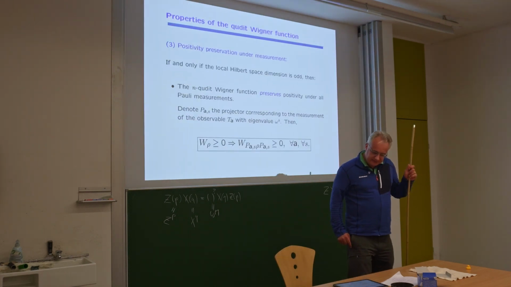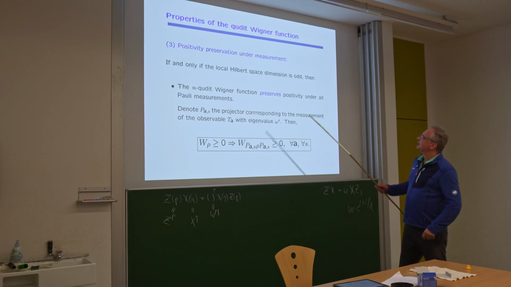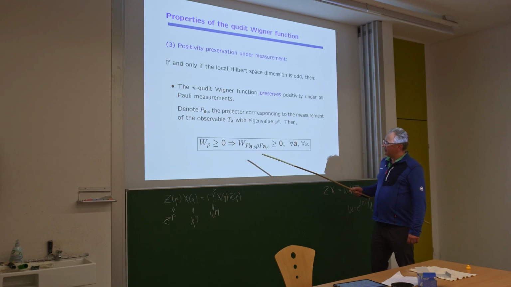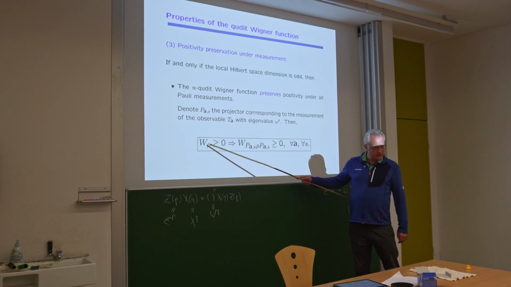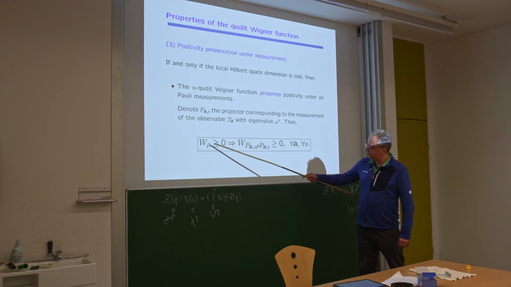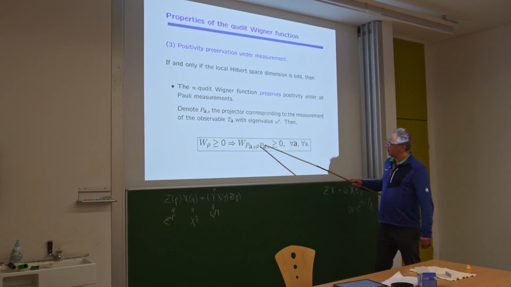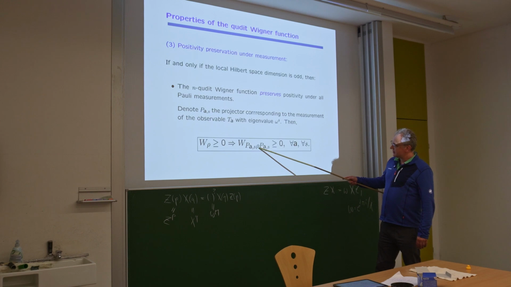Third property. So positivity is preserved under measurement. So what do we have here? Again, we are comparing two Wigner functions, but this time it's not the unitary. So for two different quantum states, the first quantum state is whatever it is, and the second quantum state is that state with a projection applied to it.